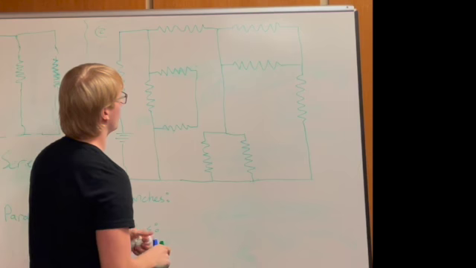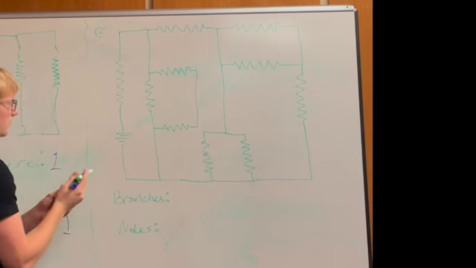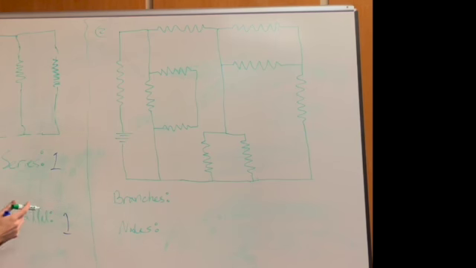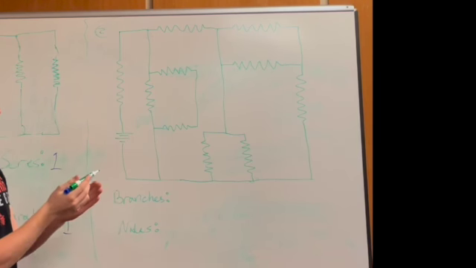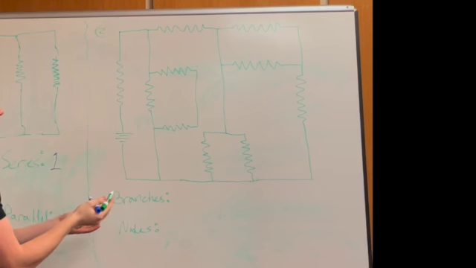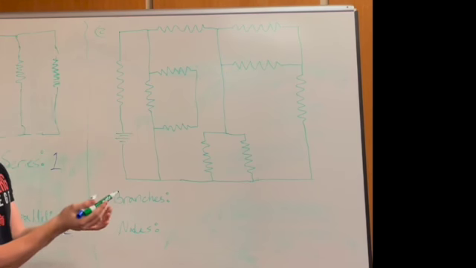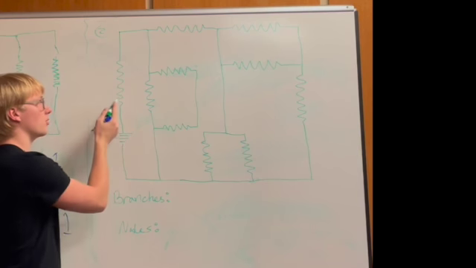Okay, so over here we're gonna identify some branches and some nodes. So a branch, I described it earlier, kind of. A branch is any battery, resistor, voltage and current source. Those aren't pictured up here. That's a battery, that's a resistor.